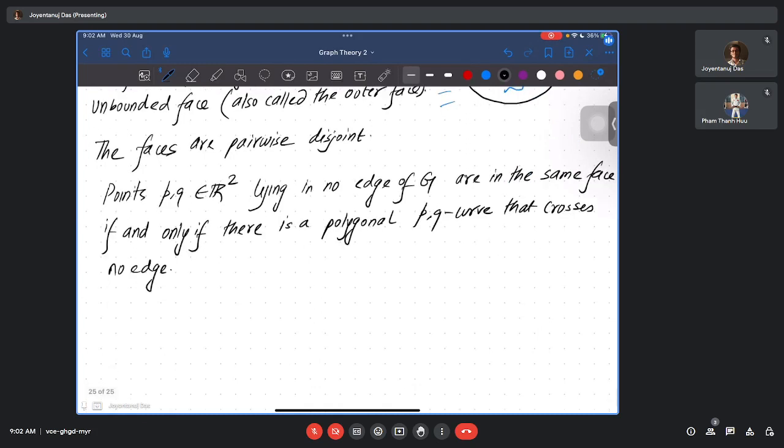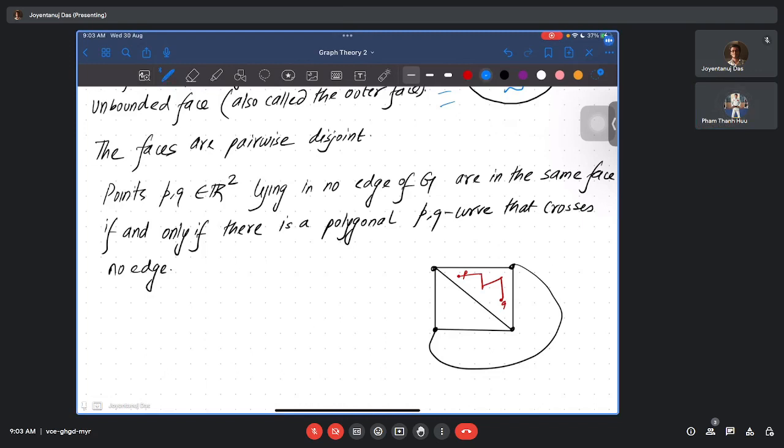So the same idea. Let us draw K4 again. These are the vertices, and this is the last edge. Suppose I take points here, this is P and Q. I can always draw a polygonal curve between P and Q, so we say these two points lie on the same face.